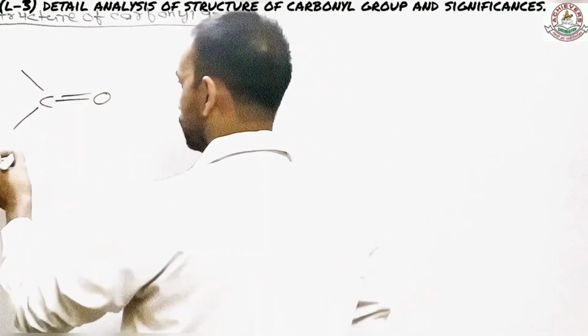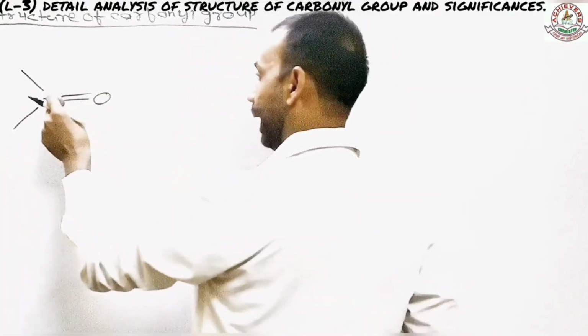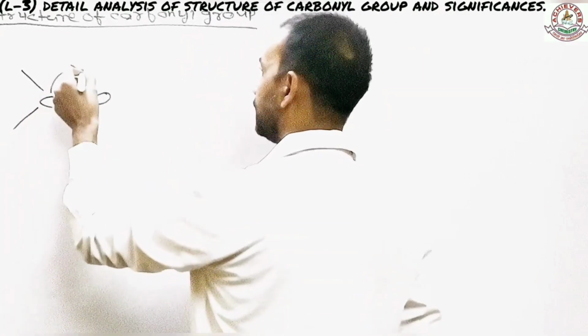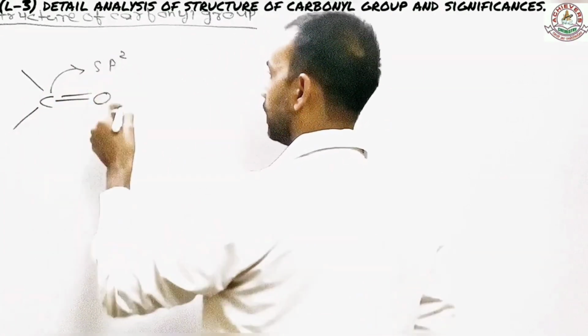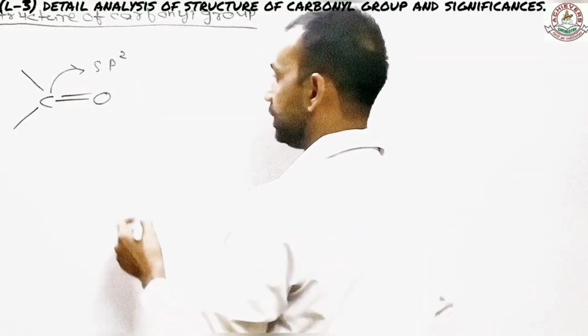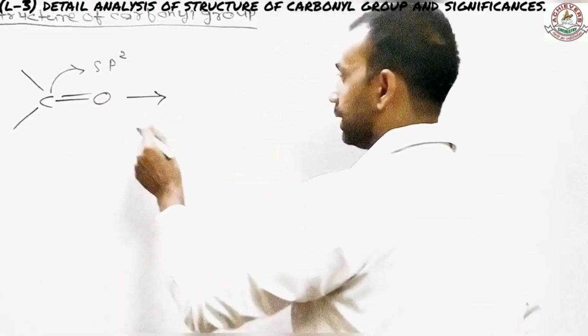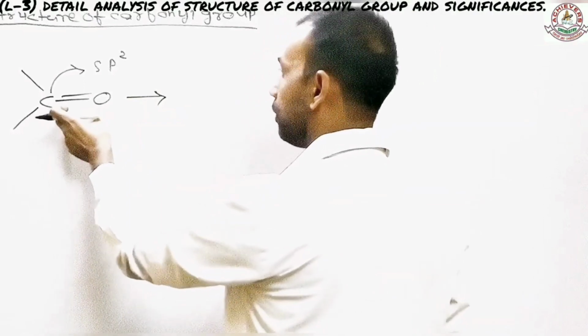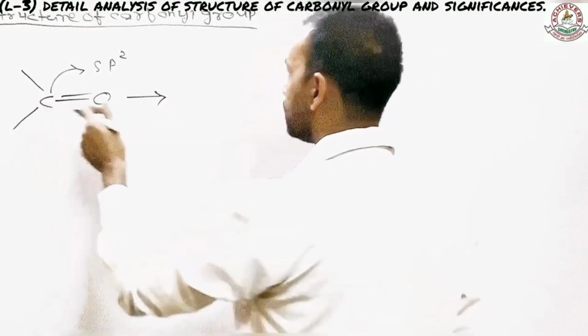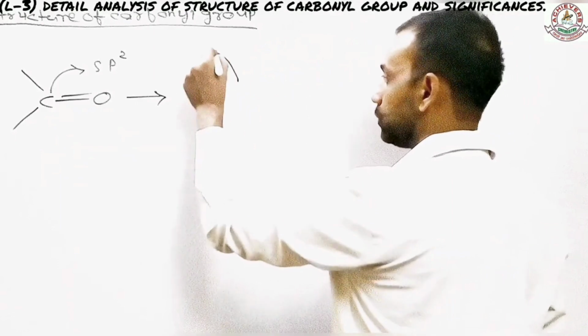Now, as you can see, the hybridization of carbon is sp2, right? If you expand the structure, you see that there is a pi bond here, and that pi bond is formed. Let me show you something.